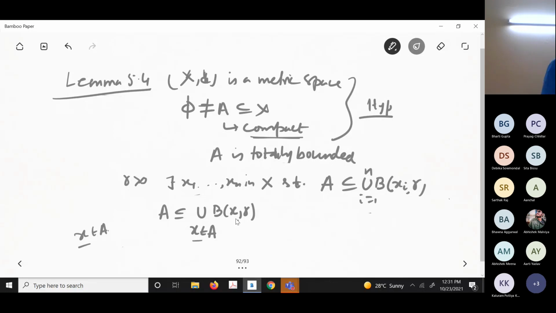So A is covered by this. Each open ball is an open set, so it's an open cover. So B(x, r), x belongs to A, here I'm using A also as an index set, is an open cover of A. Since A is compact, it will have a finite subcover.